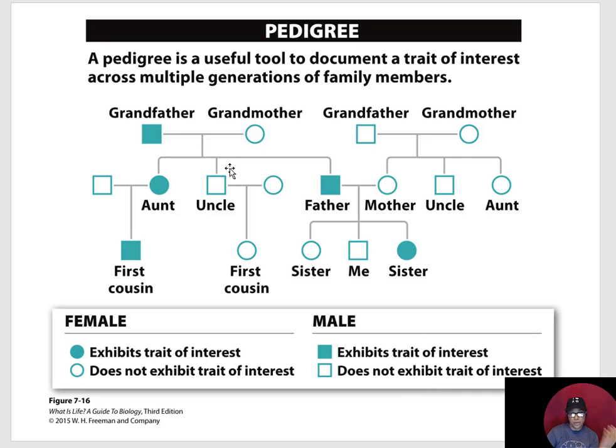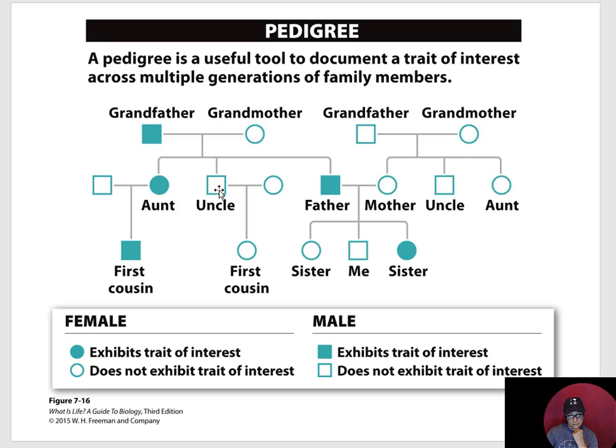So now you go through and you ask the individual about their parents, right? So here we have the grandfather and here we have the grandmother. We can see the grandfather had the trait of interest. Let's just say cancer. Here we can see the grandfather had cancer. The grandmother did not. When we start to look at their offspring and we come down, we can see that the aunt had cancer.